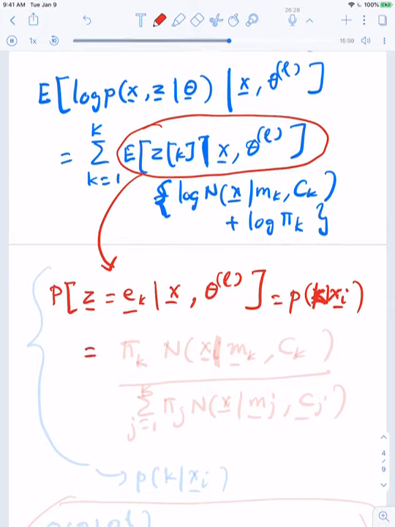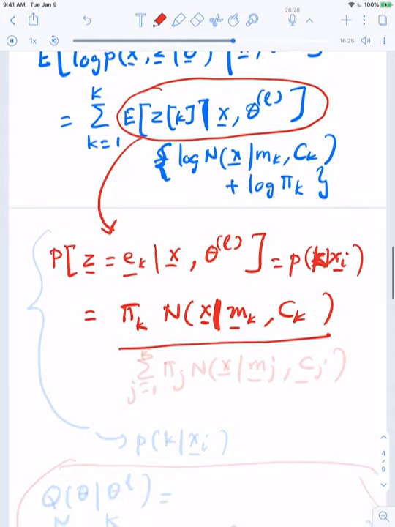It's just the probability of z being equal to e_k up front, times the probability density of x given that z equals e_k. Well, it's just the Gaussian density with the parameters for the kth component, and then of course you have to normalize so that these probabilities sum up to 1. So this is summation j equals 1 to K of pi_j N of x given m_j, C_j, right?